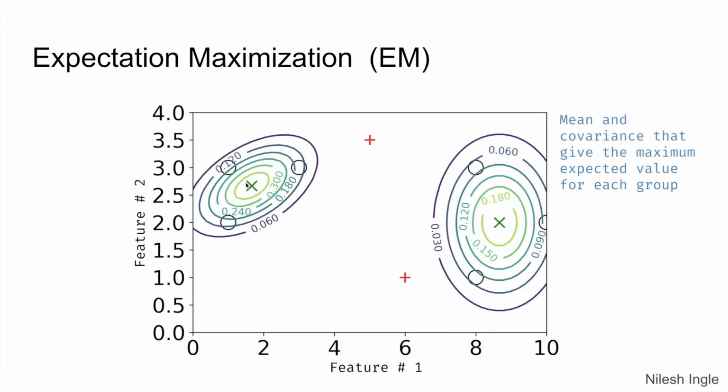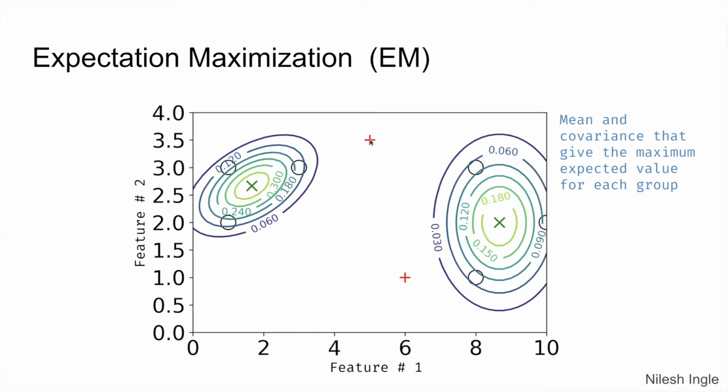So that's where we can use a Gaussian distribution to represent that cluster, as shown here. We have one cluster here on the left hand side, and the second cluster right here on the right hand side.